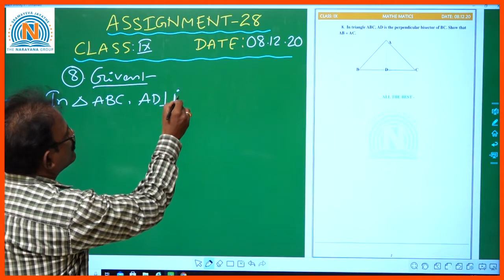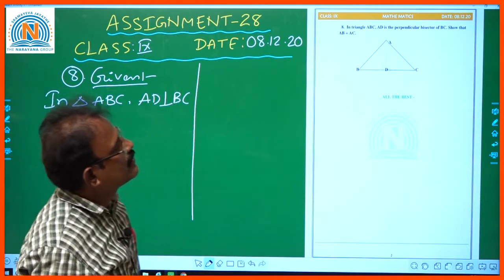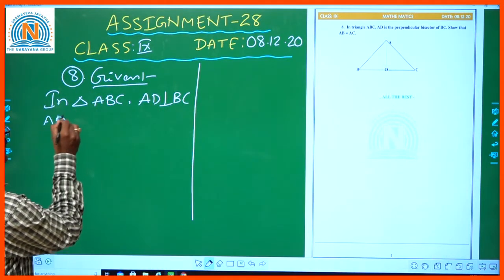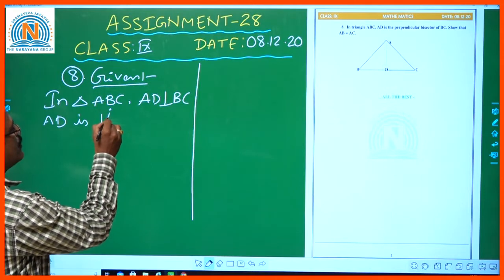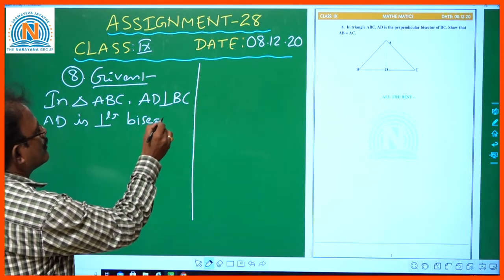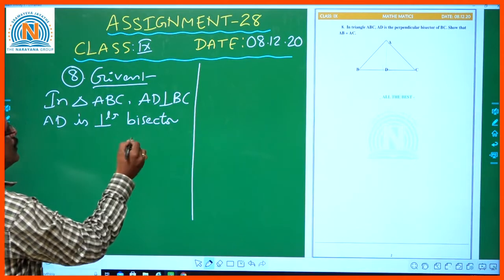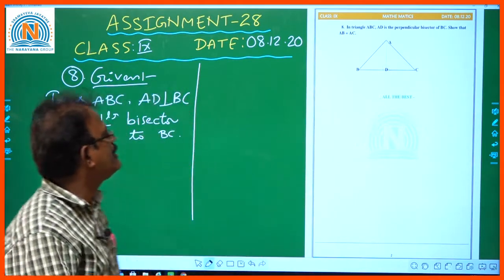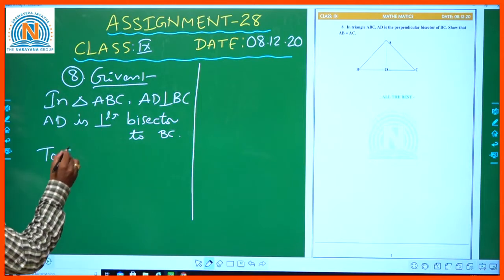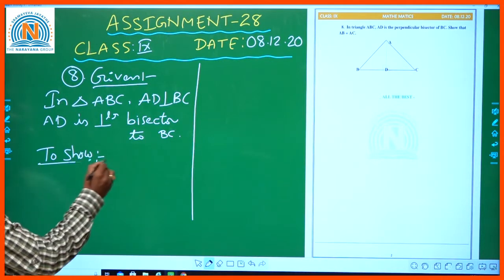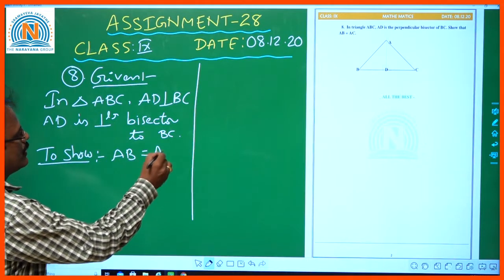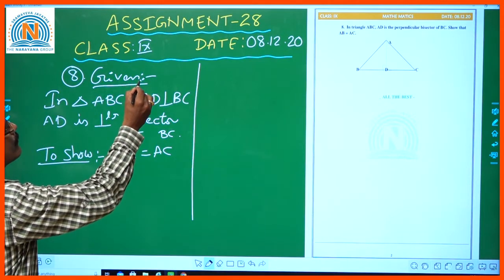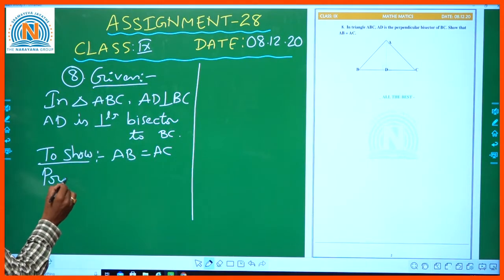AD is the perpendicular bisector to side BC. Okay. And show that AB is equal to AC.